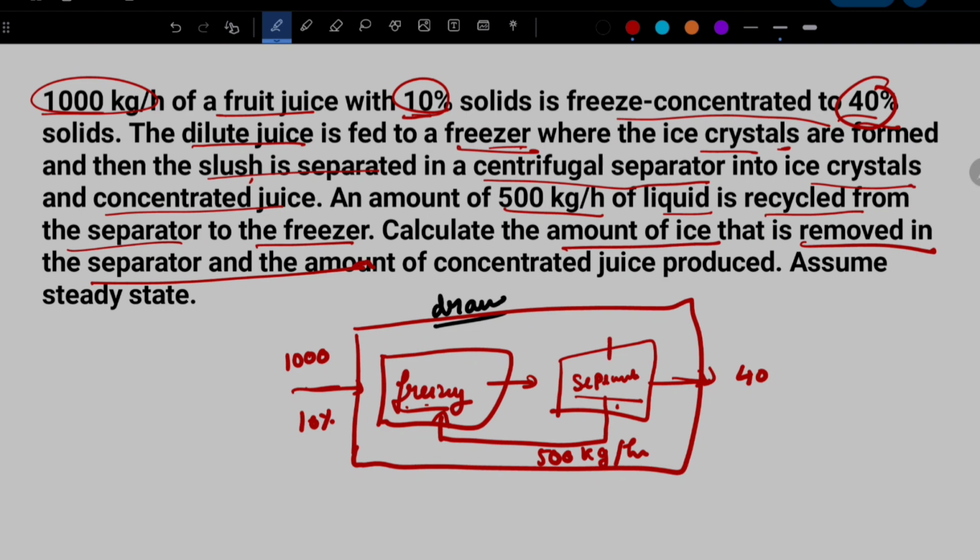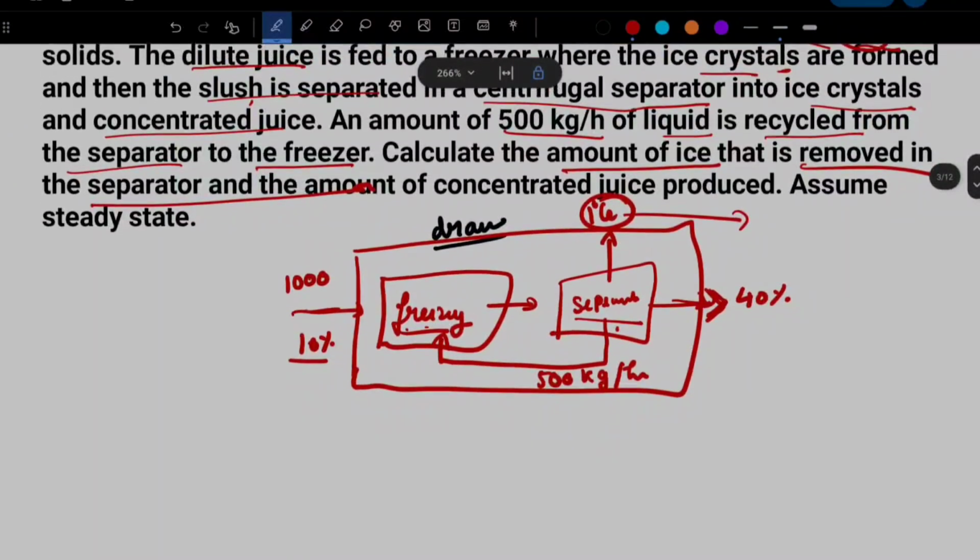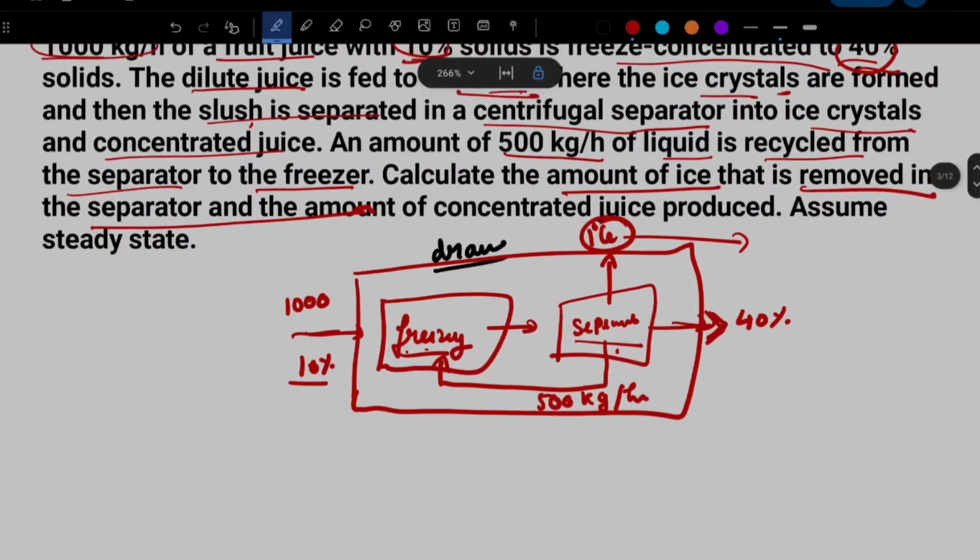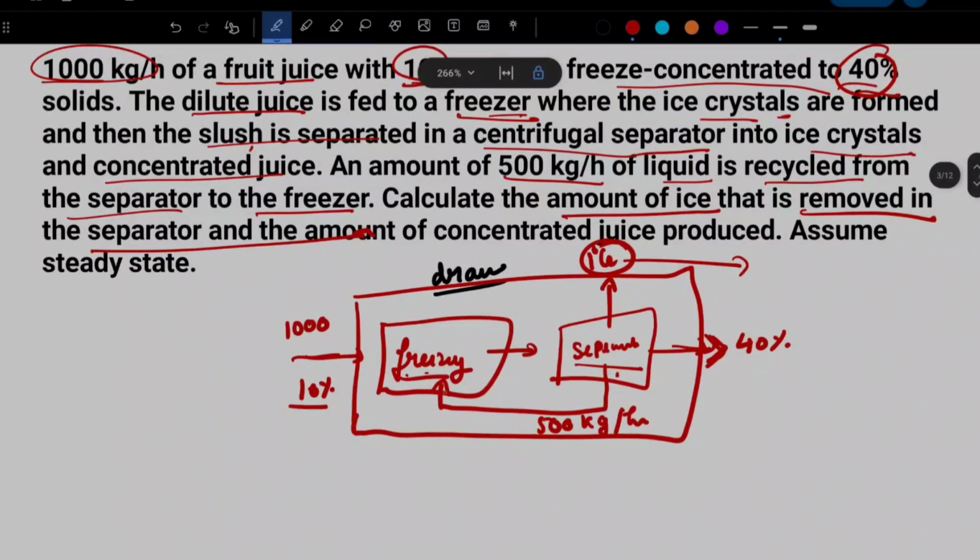In this separator, ice is removed and I am getting the concentration. Obviously, if you are concentrating from 10 to 40%, you have to remove some moisture, and we are removing it as ice because we are doing freeze concentration. So you need to calculate this ice. That is the question.